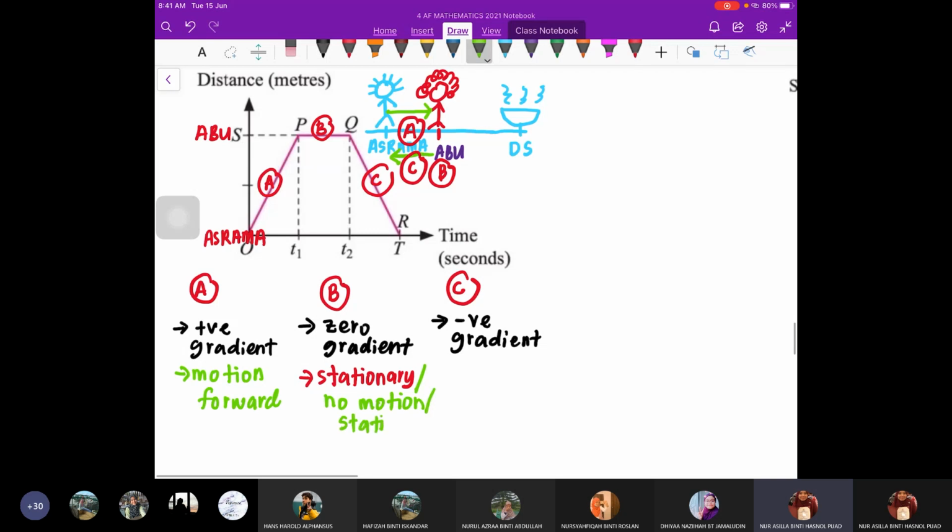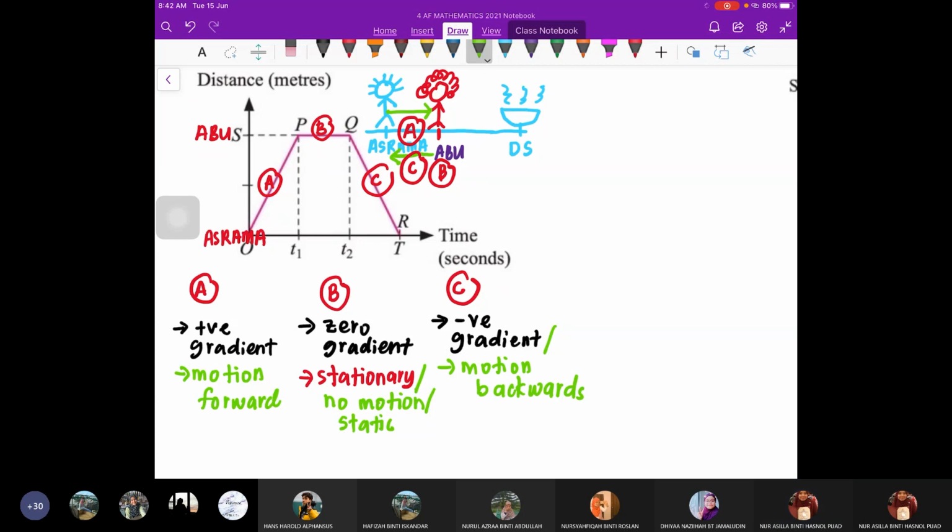Macam itulah. Whatever you want to say. And negative gradient, dia adalah motion backwards. Dia patah balik.